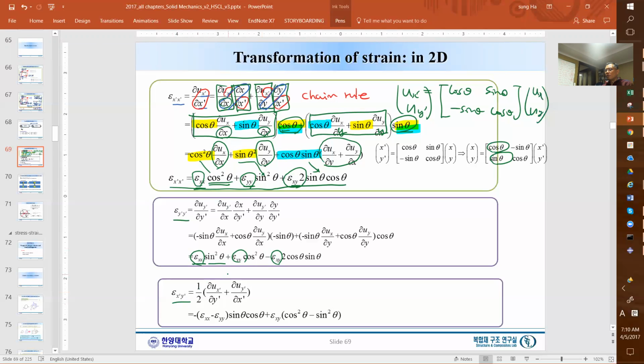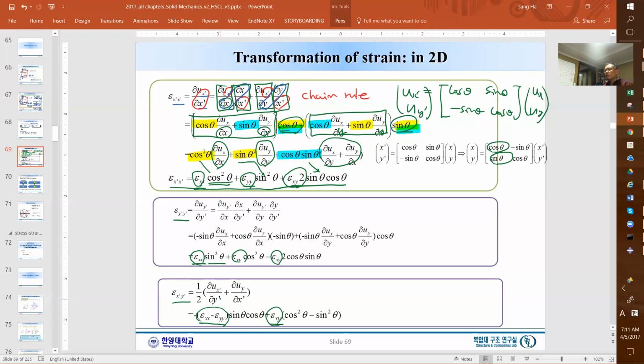Also, we can transform epsilon x prime y prime from the definition like that, and do a similar procedure as above. Now we have this term and this term. And again, we can see that these 3 strain transformation components are exactly the same as the stress transformations.